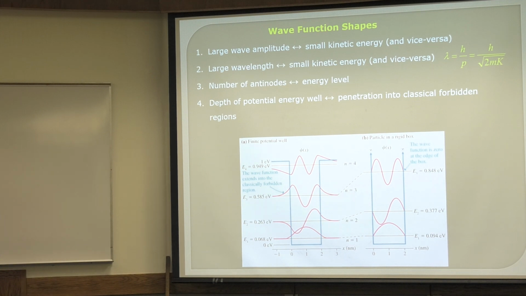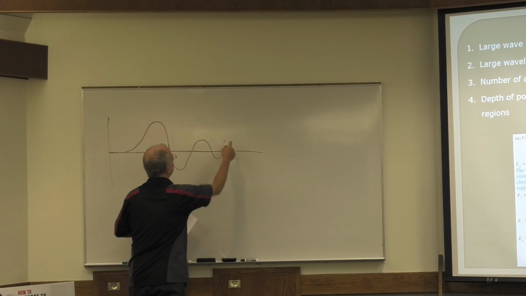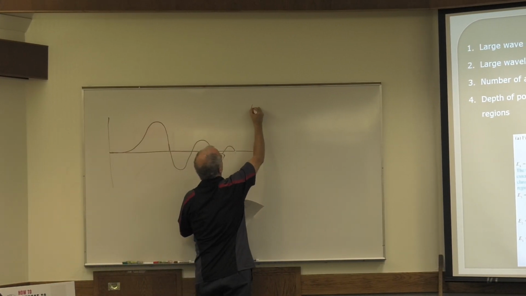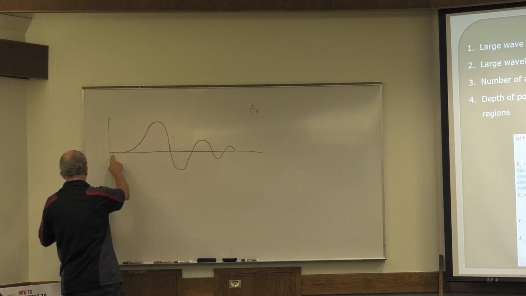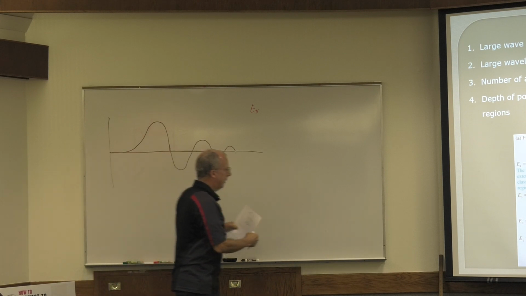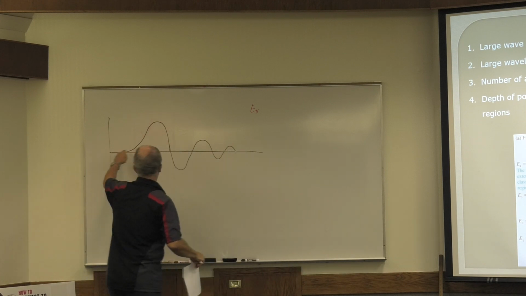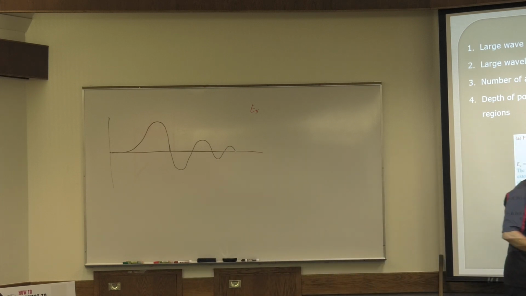All right, first of all, 1, 2, 3, 4, 5. So we know we're at E5. We also know that at the left, see how that looks like it's penetrating into a classically forbidden region, right? It doesn't just stop like this.